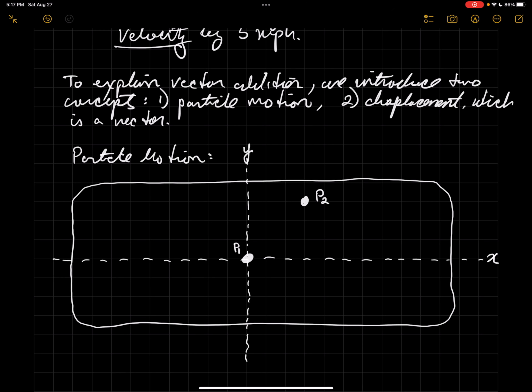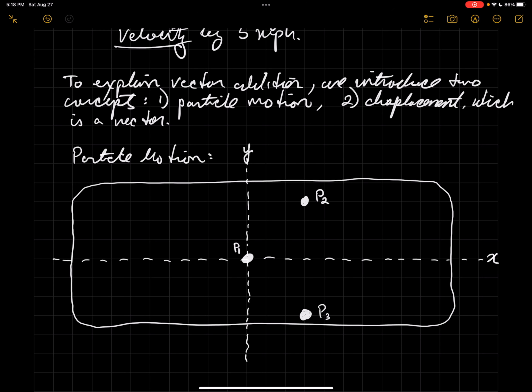Now let's further suppose that the pool ball, rather than having relocated itself to point 2, instead moved itself to position 3, which we're going to call P3, point 3. So again, the ball moved from point 1 to point 3, but notice that point 3 is a different location than point 2.